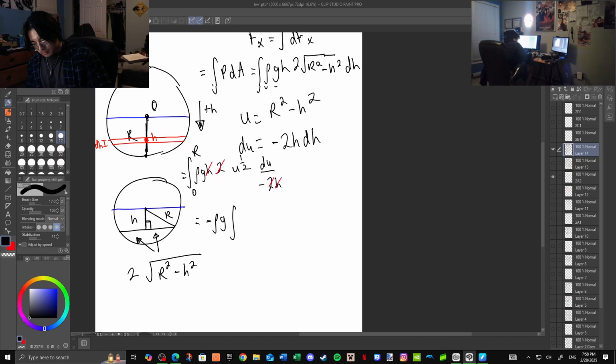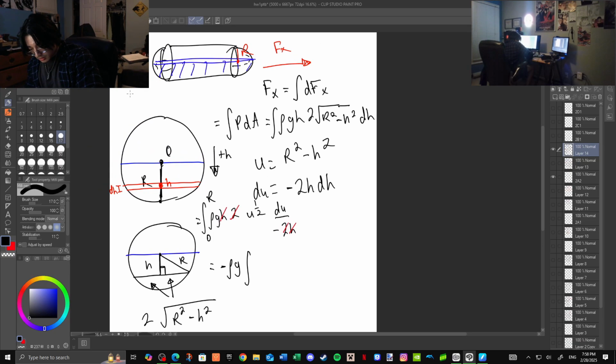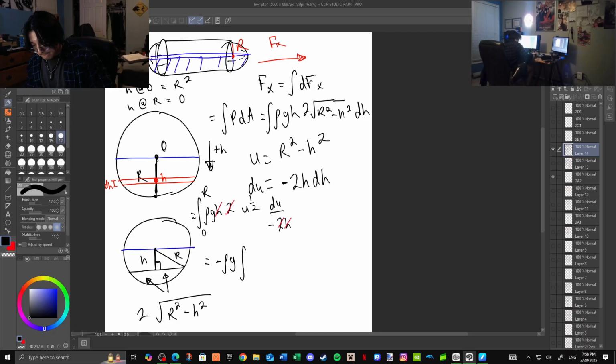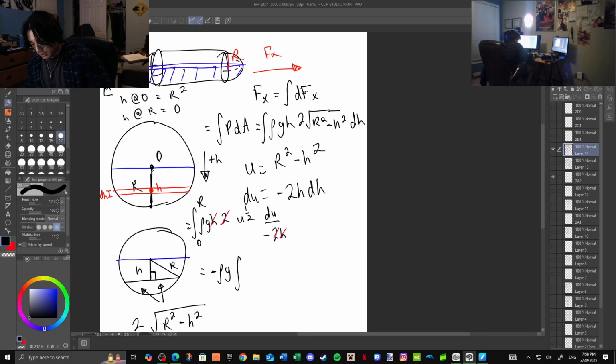So when h is at 0, using the u formula, u will equal r squared, and when h is at r, u will be 0. So those are our new bounds right there. 0 becomes r squared, and r becomes 0.